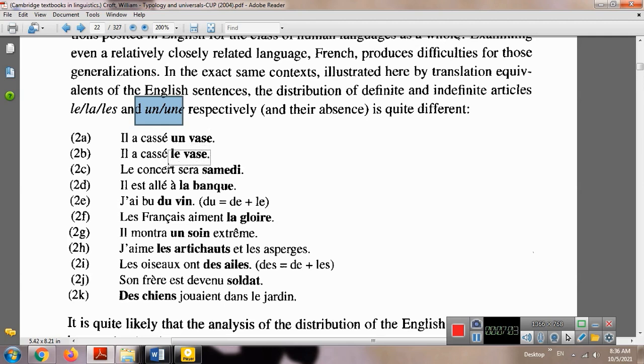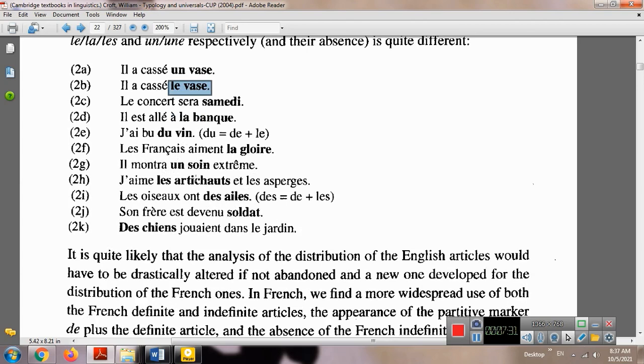Le vase is equivalent to the vase, because in French the nouns are considered as feminine or masculine. For example, vase in French is a masculine one because we use the article le for that, and for the plural we use les.